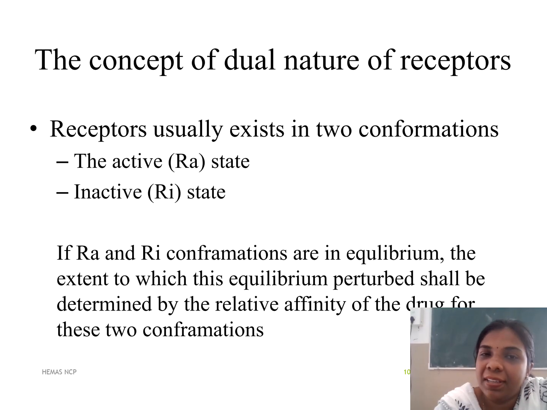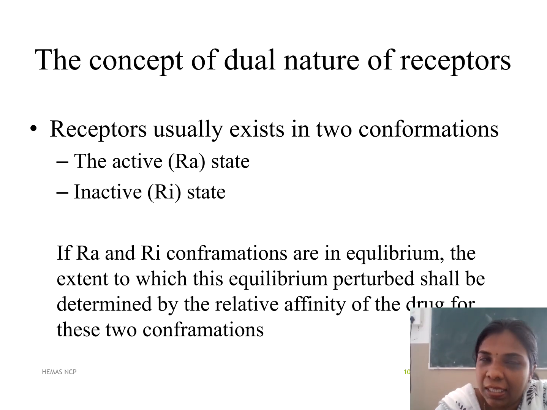Second, an antagonist binds the receptor but has equal affinity for RA and RI, or no preference. It does not alter the equilibrium significantly. So the result is no activation but it blocks agonist binding.